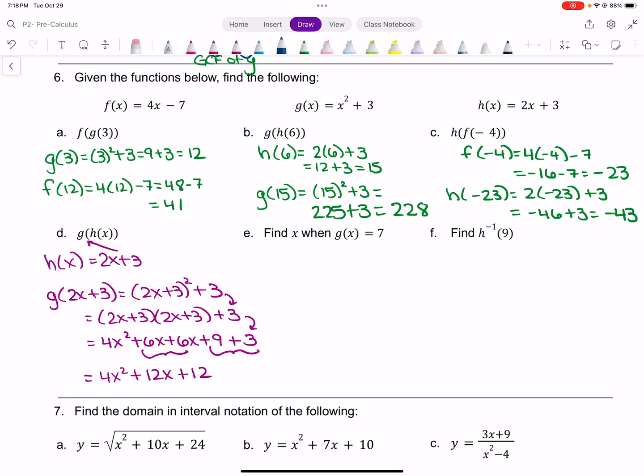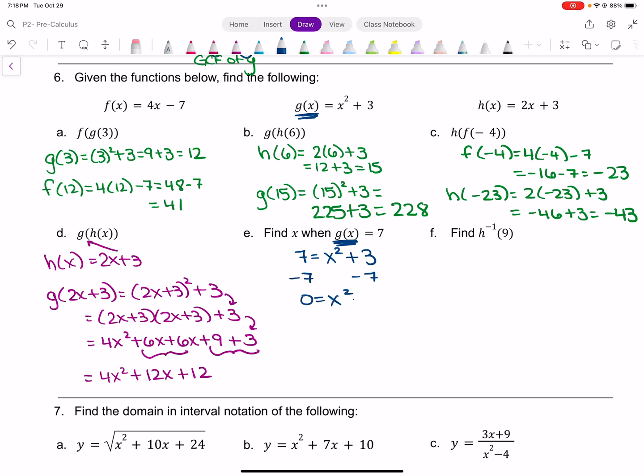For E, find x when g of x equals 7. So g of x, that's the left side. So you're going to set that equal to 7. If you have an exponent, you should set the equation equal to 0.